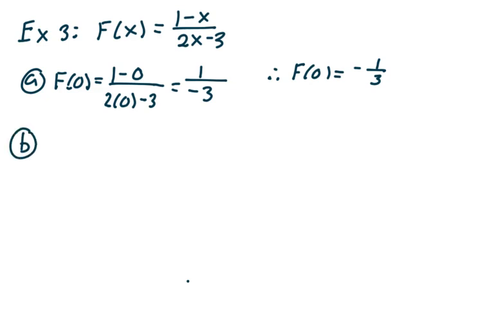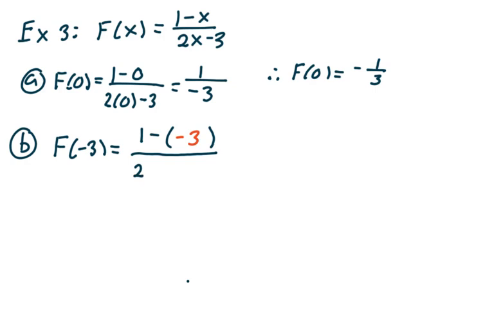So on B, what if I had f of negative 3? So wherever I see an x in open parentheses, I'm going to replace x with negative 3. It is very helpful to place parentheses appropriately.